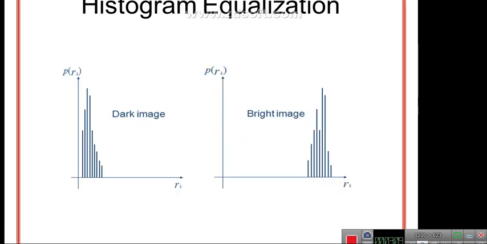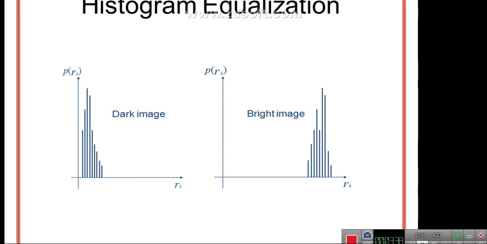Here, histogram equalization. First, a dark image has pixel intensity values that are low. The pixel gray level ranges from 0 to 255. 0 represents a darkened image and 255 represents a whitened image. Between the dark and white, if the pixel intensities are very low, this is a dark image, and if pixel intensities are high, the image will become brighter.